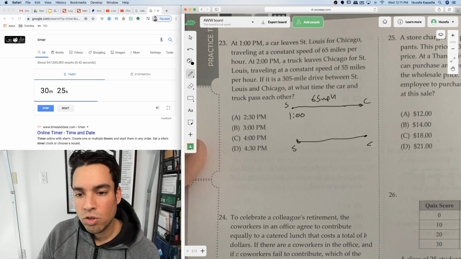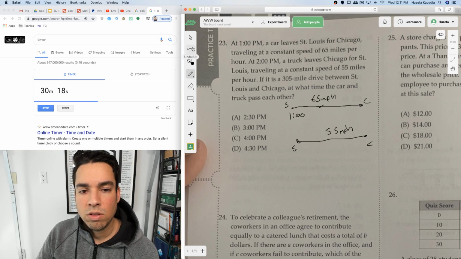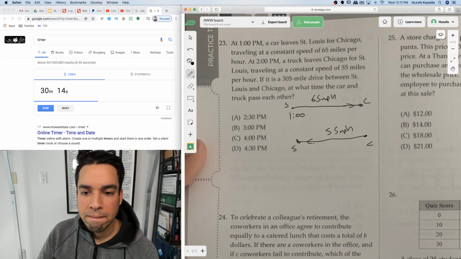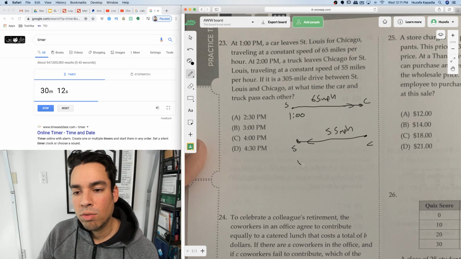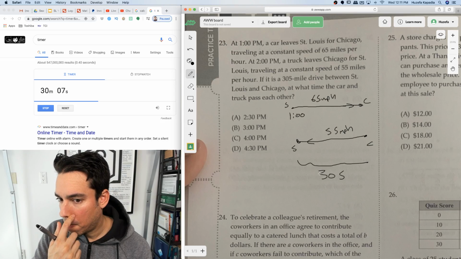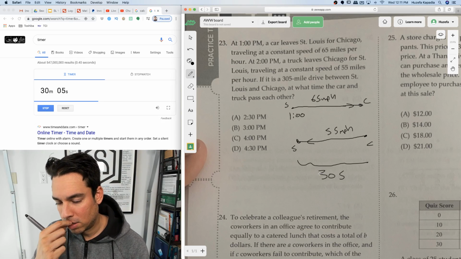I don't know if this is a great drawing. Constant speed of 55 miles per hour. This is going this way, this is going this way. If it is a 305-mile drive, at what time do the car and truck pass each other?